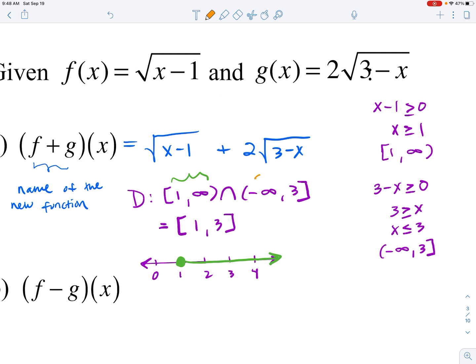And if I use orange for the interval from negative infinity to 3, 3 would be included, and then we would shade to the left. So you can see that the overlap happens on the interval from 1 to positive 3. So that is the domain of the function f plus g.